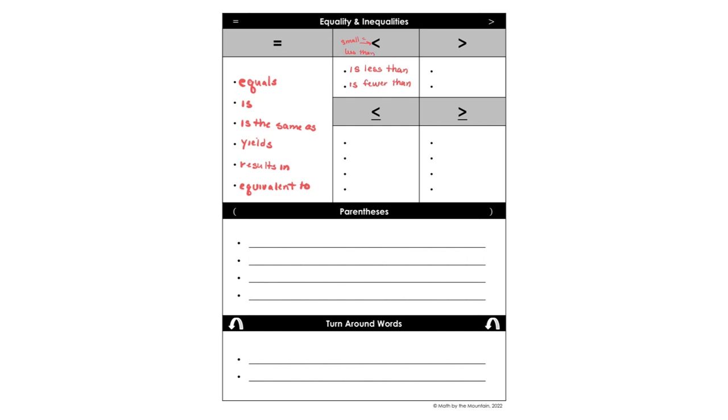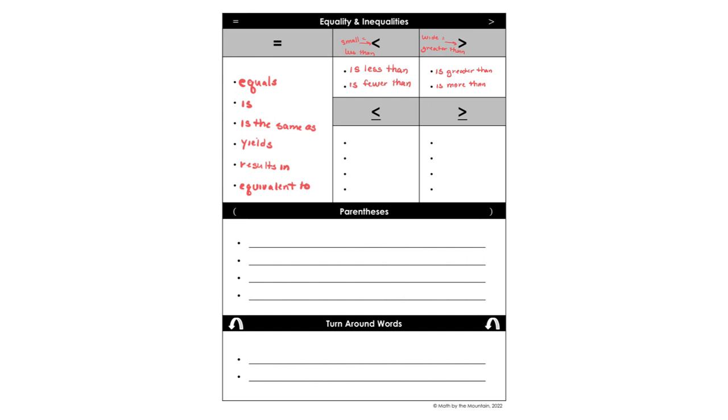With that being said, the wide end means greater than. And the keywords for that are is greater than, and is more than.